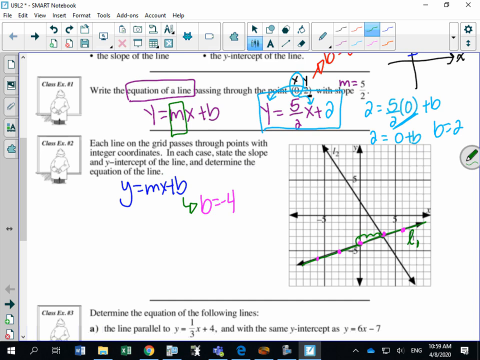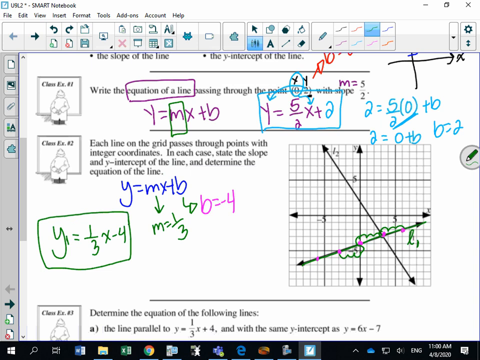From here, rise 1 and run 1, 2, 3. From here, fall 1 and go to the left 1, 2, 3. So my slope is a rise of 1 and a run of 3. So the equation for line 1, I'm going to put y1 because that's for line 1, is mx plus b, 1 over 3 x minus 4. That is the equation of my green line.